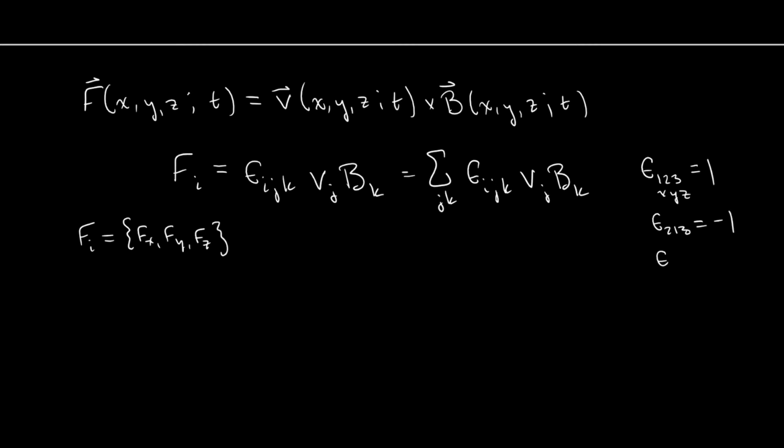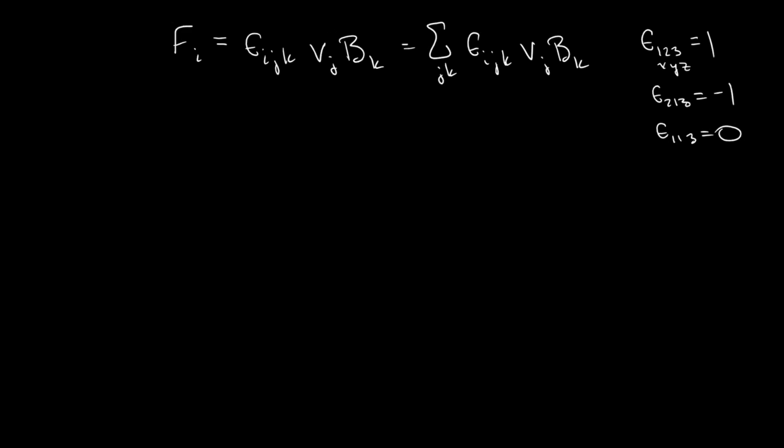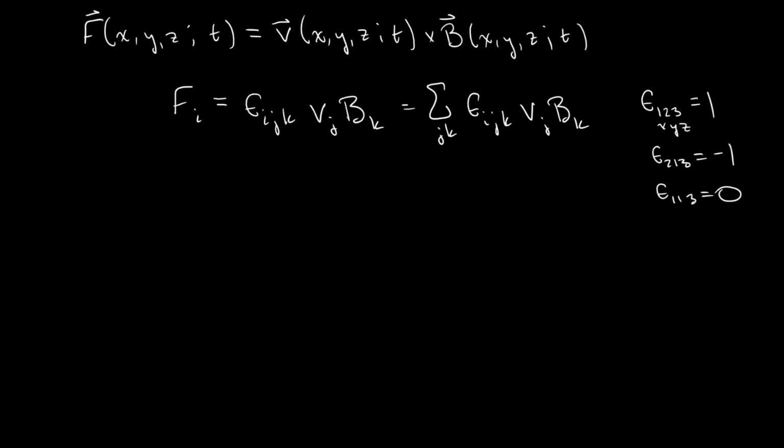And if I repeat any two indices, I get 0. So, lightning review, this is just a bit more convenient definition of our cross product. I did this in an older stream. If this is a bit fuzzy, that's okay.